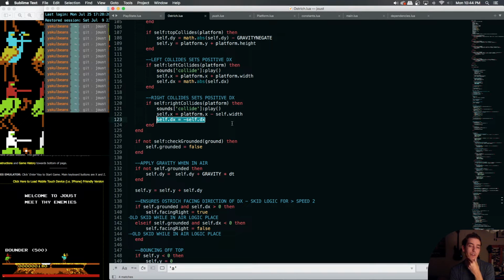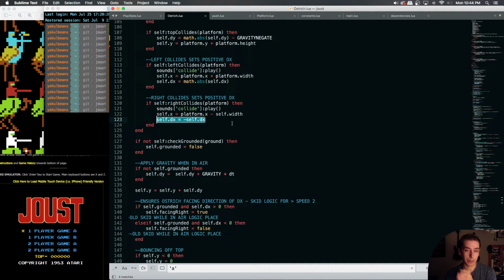So we want to make sure that this dx is not getting set to -1 times its current dx, because if we just right collided, our dx will get set to negative dx, at which point on the next frame our dx is negative, and then we're assigning our current dx to be a negative self dx, which if we just did it would be negative, meaning our dx would now be positive, which is no bueno.